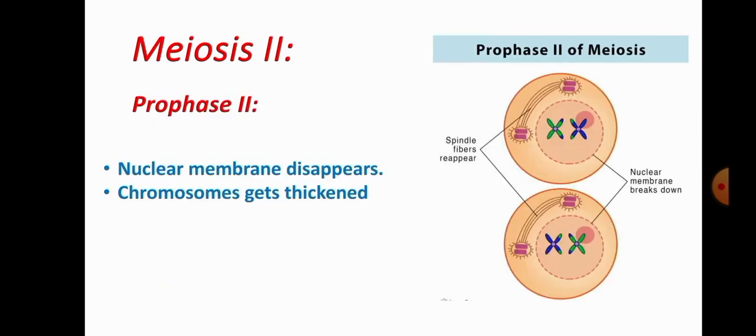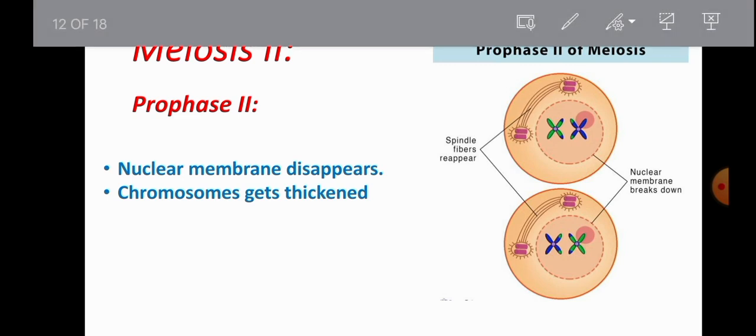In meiosis 2, after the formation of two separate cells, these two cells again start to divide. Starting with prophase 2, the nuclear membrane starts to disappear and the spindle fibers start to form. Chromosomes get thickened.